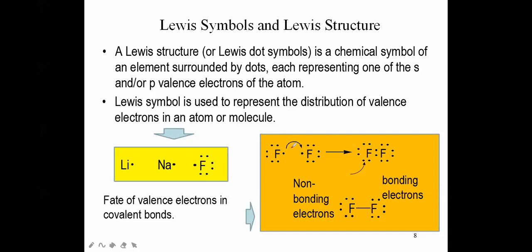The first arrow here is showing that these two electrons will be shared. When they are shared in that covalent bond, we shall represent it with a continuous line. Then the outside will be non-bonding electrons. These are the ones which are not taking part in the covalent bond, but they are still valence electrons, still electrons of the outermost shell. So we need to show them.